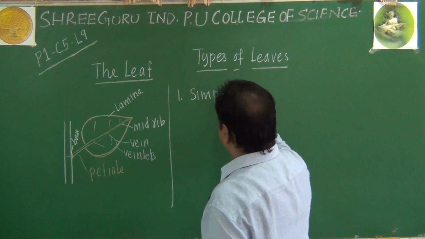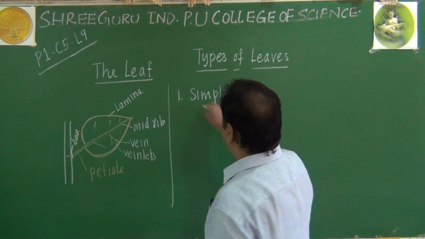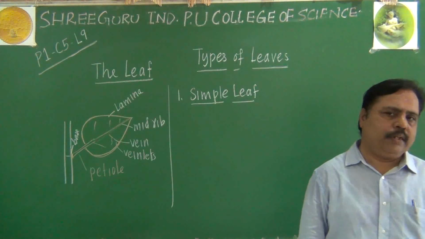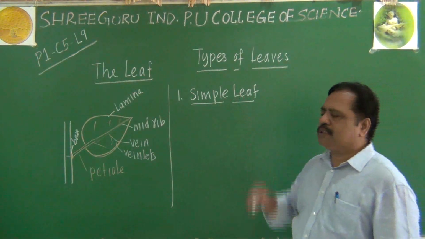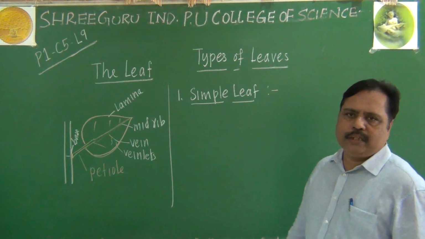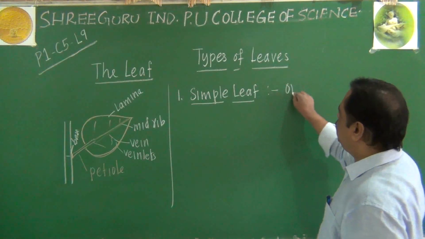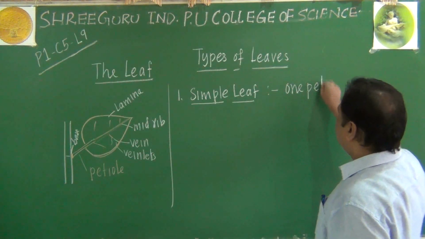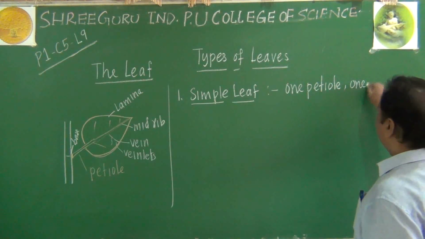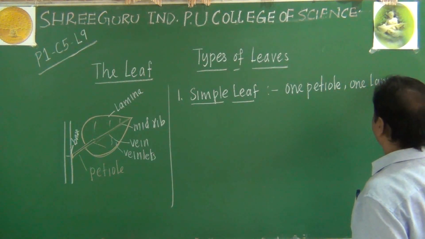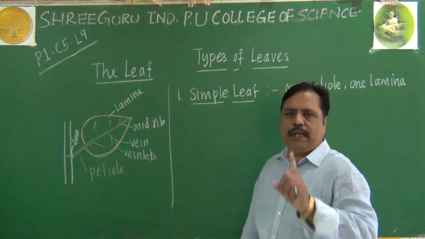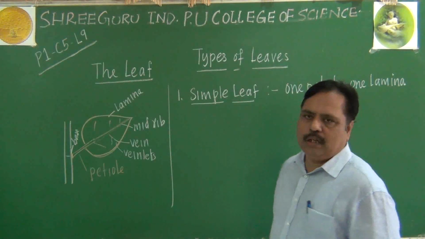From the name itself, you can understand this point. How do we define a simple leaf? One petiole containing one lamina is known as a simple leaf, remember.